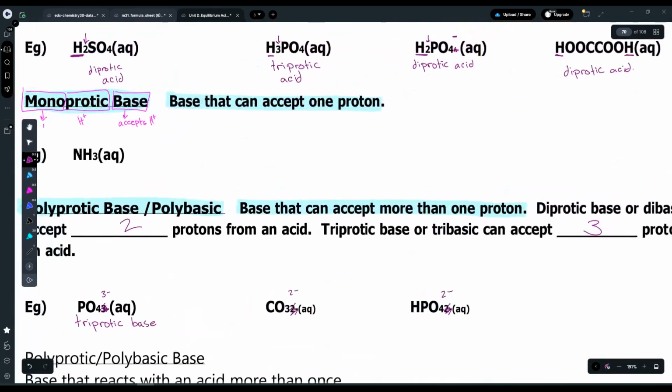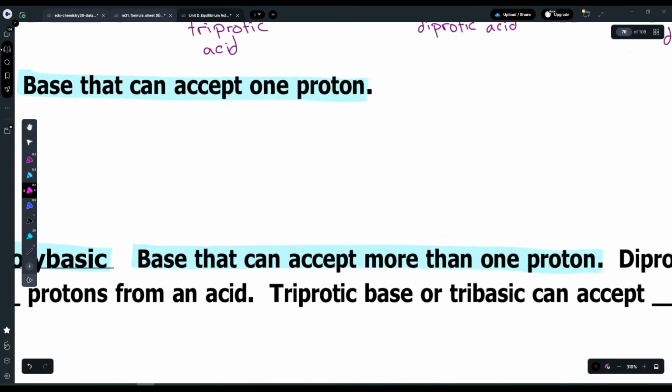Okay, so I'm just going to write what I said. We'll have to squeeze it up here.